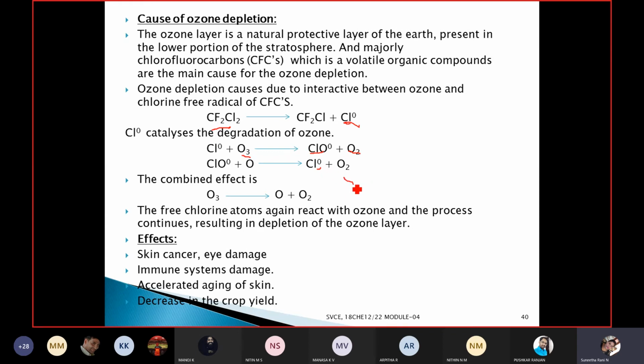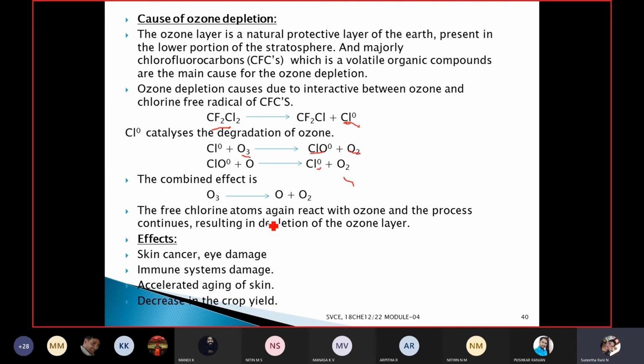So this is how, slowly, whatever ozone is present in the stratosphere, by increasing the concentration of CFCs in the atmosphere, combines with the free radical. All the ozone molecules combine to give oxygen, molecular oxygen and atomic oxygen.